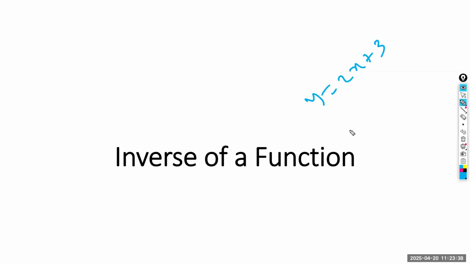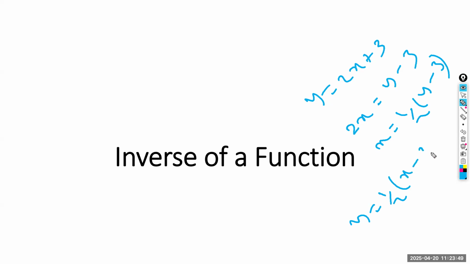So what is the inverse of this function? Then 2x equal y minus 3, x equal half of y minus 3. That is y equal half of x minus 3. This relation is a function, and this is the inverse of that function, which is a mirror image on the y equal x line.